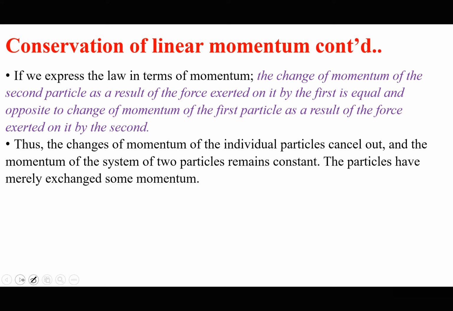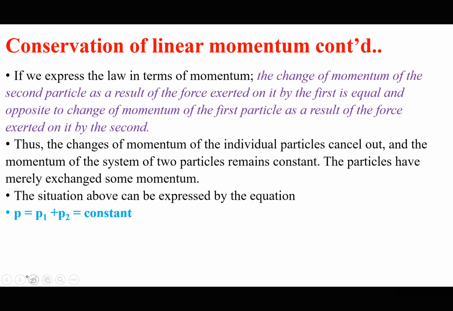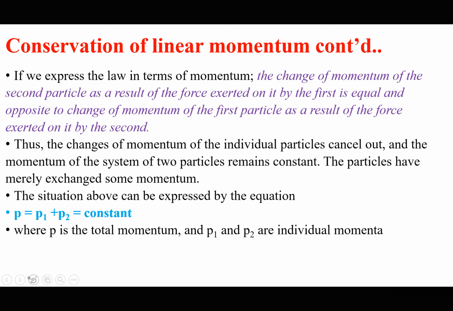So this situation could be expressed as a simple equation: if the initial total momentum was p, the final momentum, the sum of the two momenta, will still be the same as p. Where p would be the total momentum, and P1 and P2 are the individual momenta of these two bodies. So the total momentum before should be the same as the total momentum after.